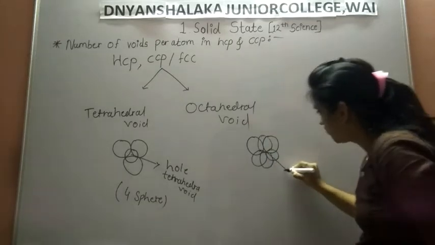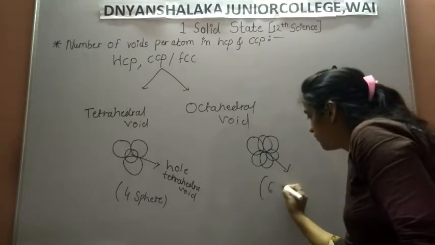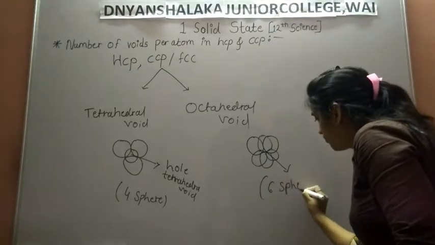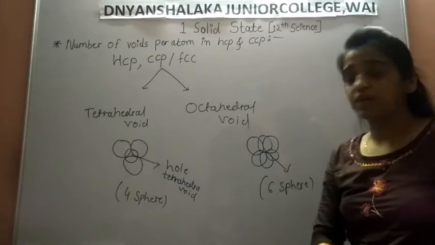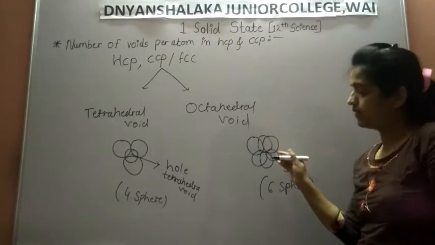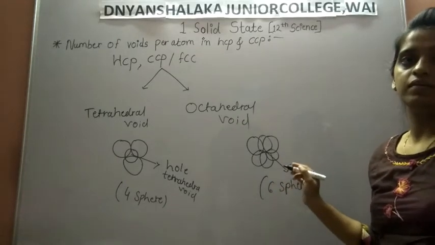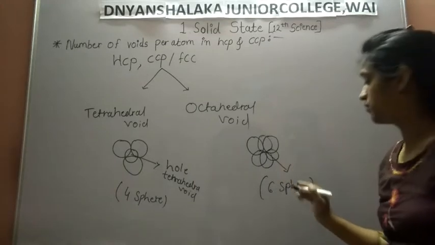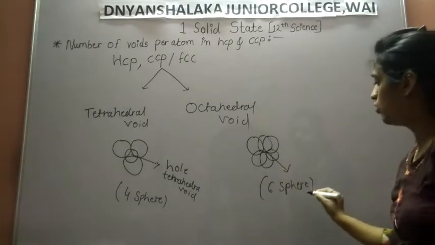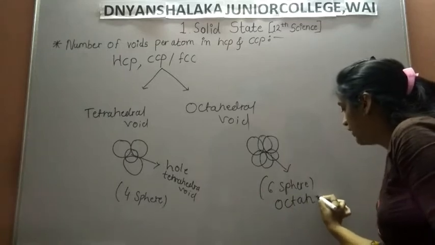Between these six spheres, between the upper three spheres and the lower three spheres, there is an empty space. This empty space is called an octahedral void.